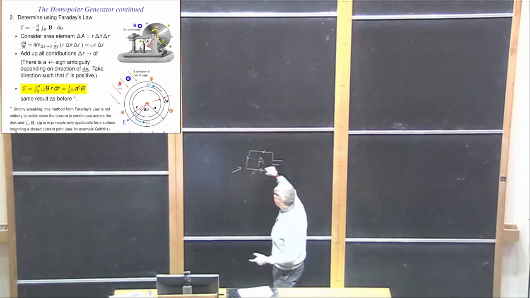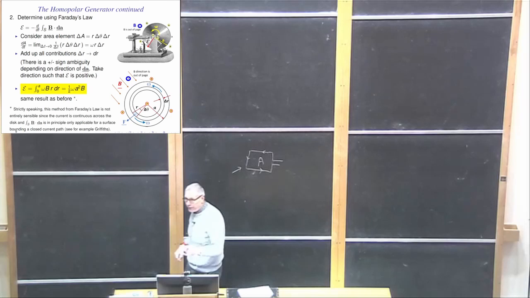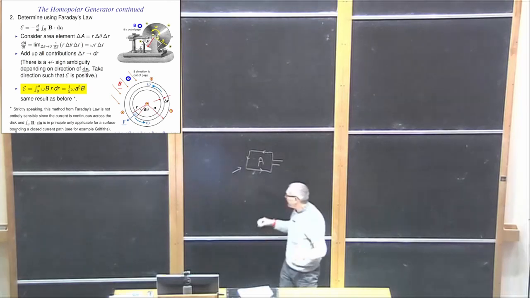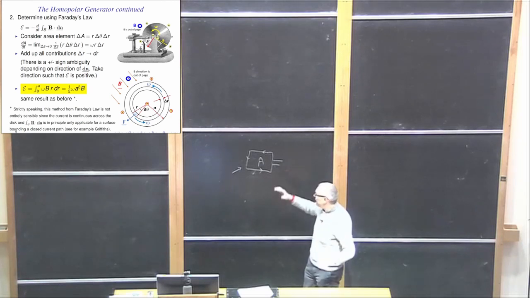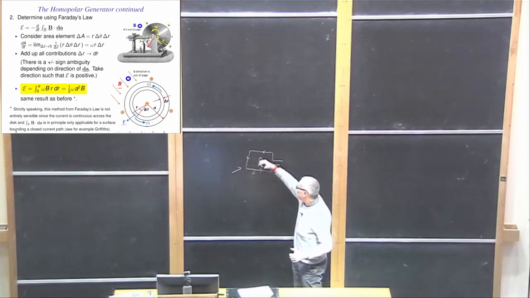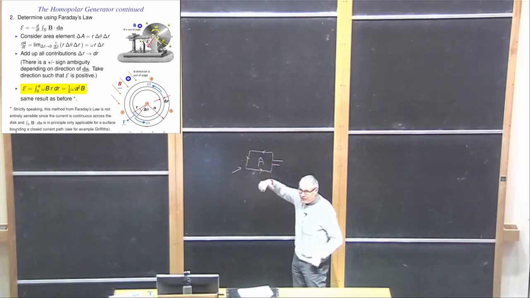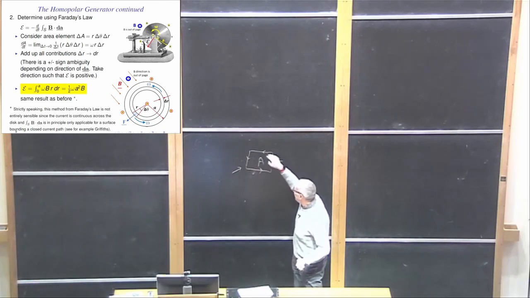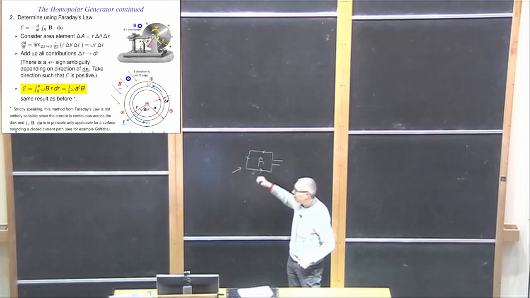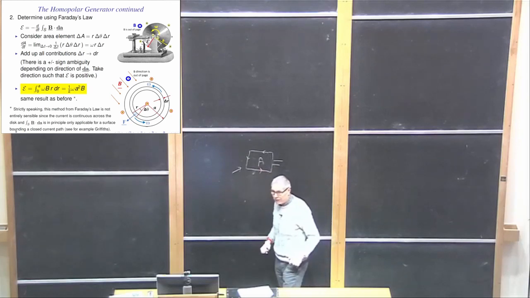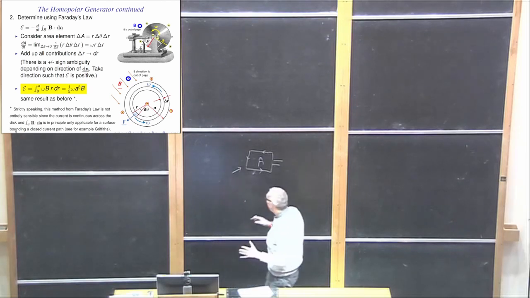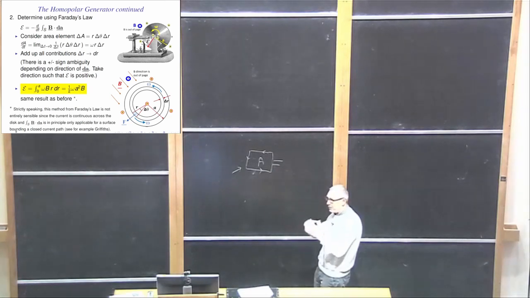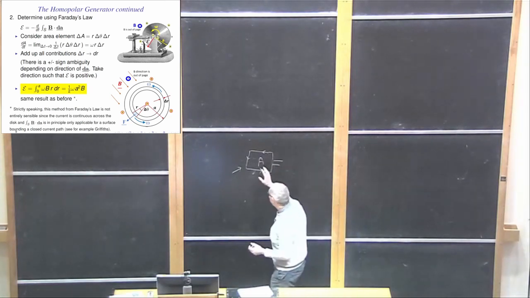And there the area A is inside that loop. In that case, the vector area A is conventionally defined with a right-handed screw. If that is the direction of the current, A points out according to the screw rule. And that gets you the right sign in Faraday's law, where the current opposes the field that causes it.